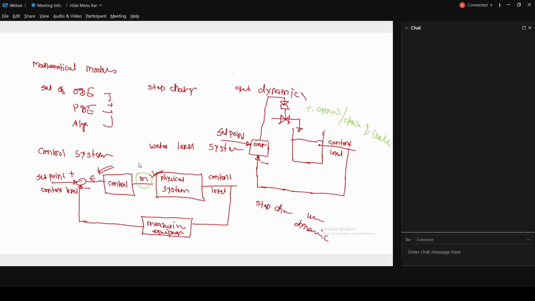Once we start the controller, before that, this valve might have some opening. It might be closed, it might be 10% open, 15% open, 13% open. So basically, we are defining a steady state from which I want to start my controlling operation.